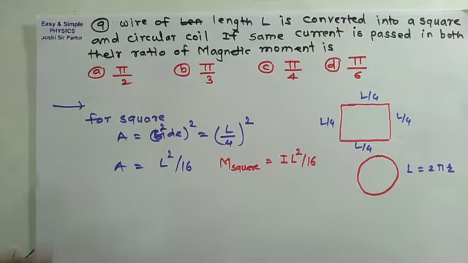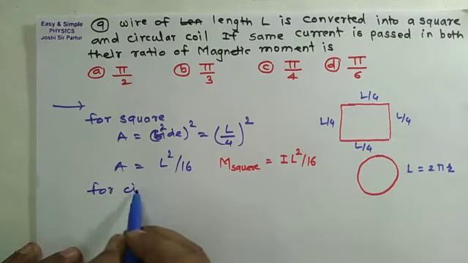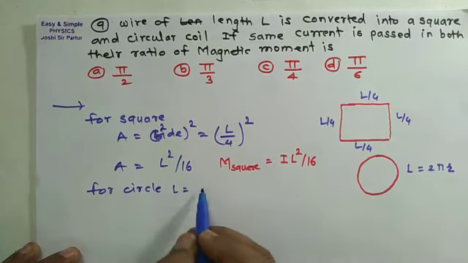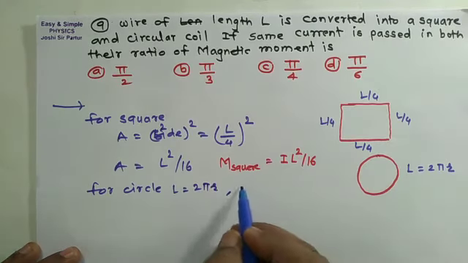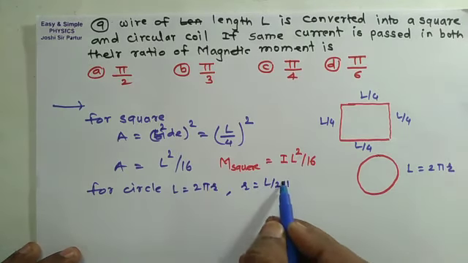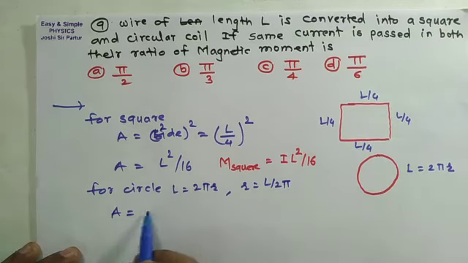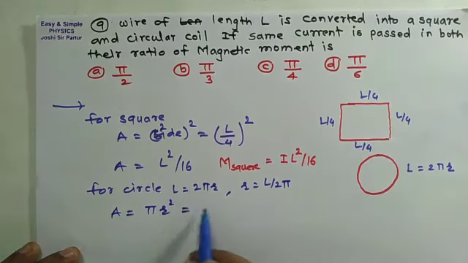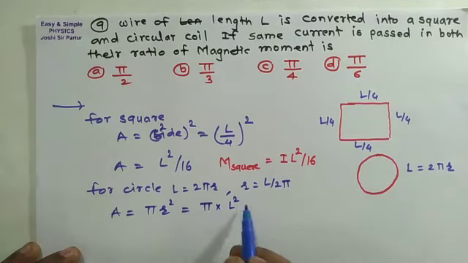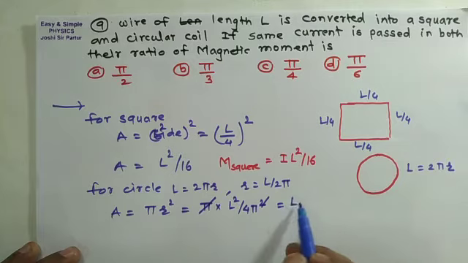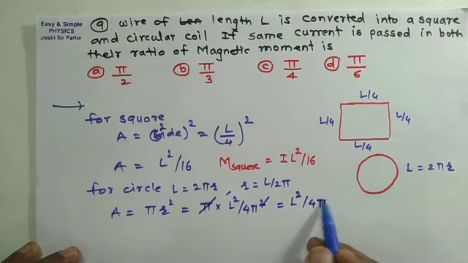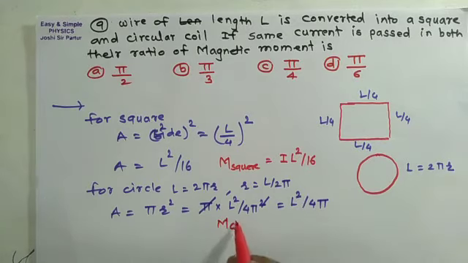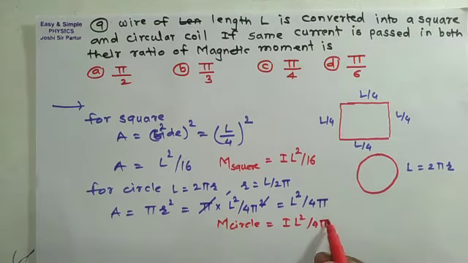Here for the circle, L is equal to twice pi r, so r is equal to L upon 2 pi. So the area for the circle will be pi r square, which is pi multiplied by L square upon 4 pi square. Pi gets cancelled, so it is L square upon 4 pi. So the magnetic moment for the circle will be I L square upon 4 pi.